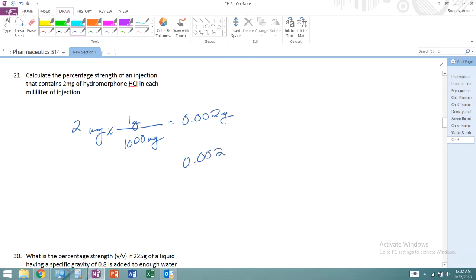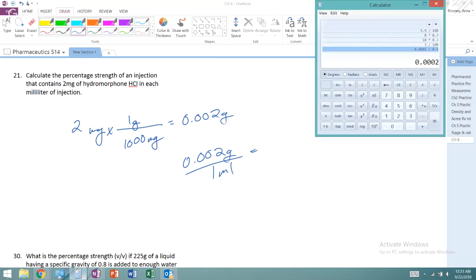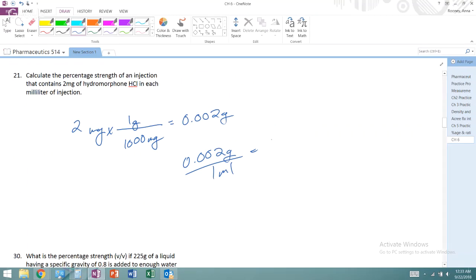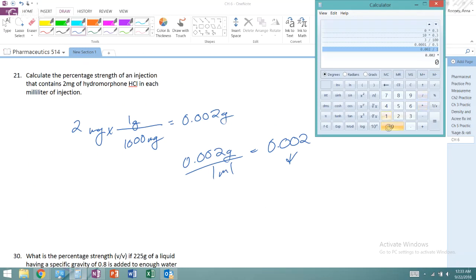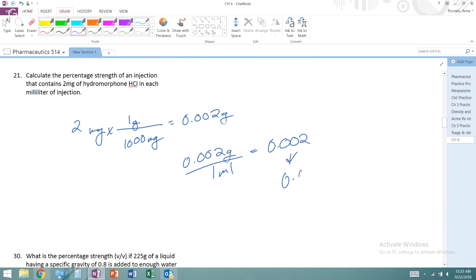And there's 0.002 grams for every 1 milliliter. And then multiply it by 100. You find that is 0.2%.